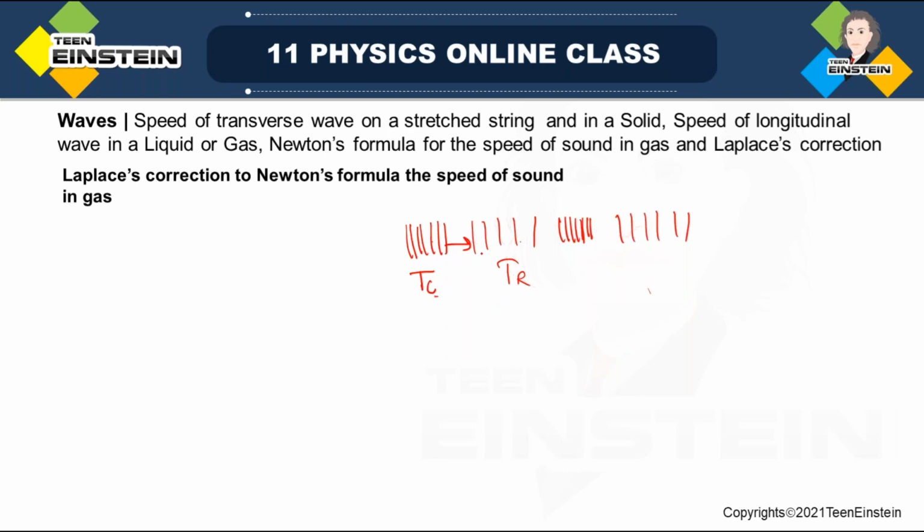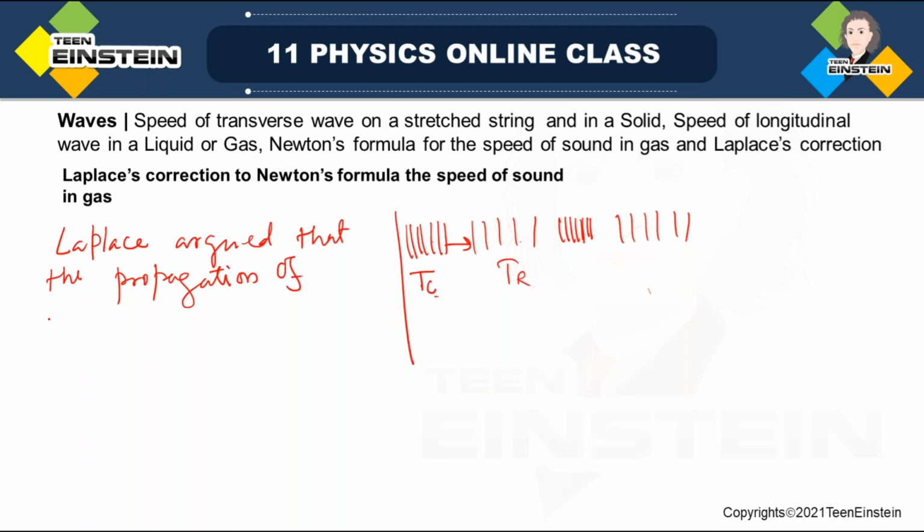So that's how Laplace argued that the propagation of longitudinal wave in gas, sorry, this is sound wave.